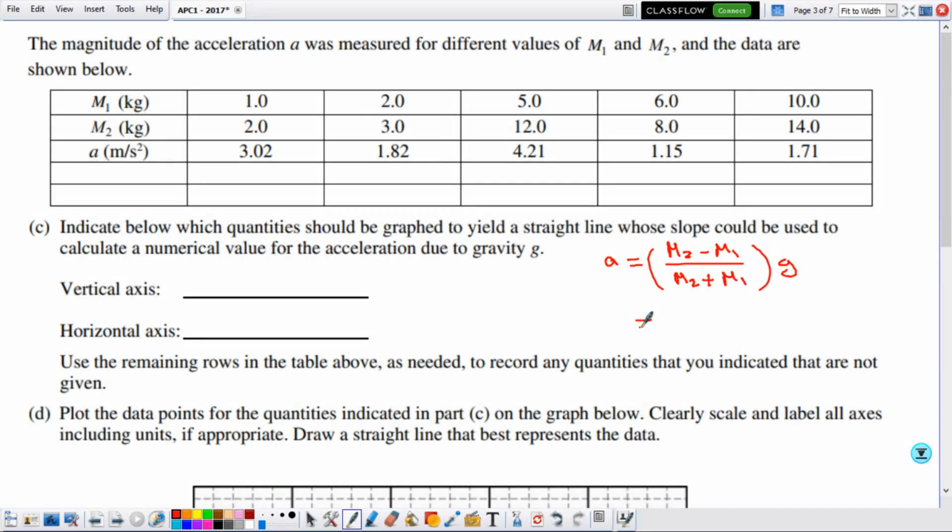So let me write here this G to be the slope in the middle, and we have acceleration, so M2 minus M1 over M2 plus M1.